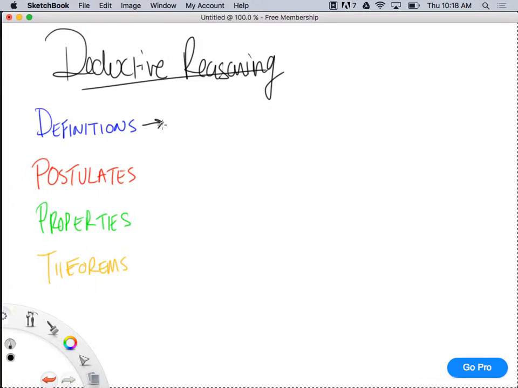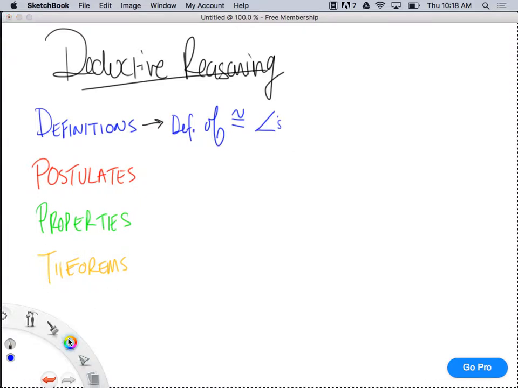Okay. Well, a definition could be the definition of congruent angles. You see? Definition of congruent angles.